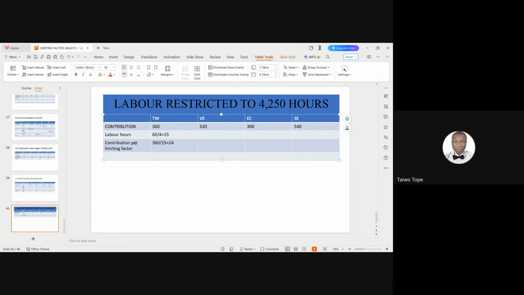Contribution per limiting factor. So what will happen here? Somebody should tell me. Following this same approach, 520 divided by 15. I want to show the step-by-step working, so that it will now be 520 divided by 15.